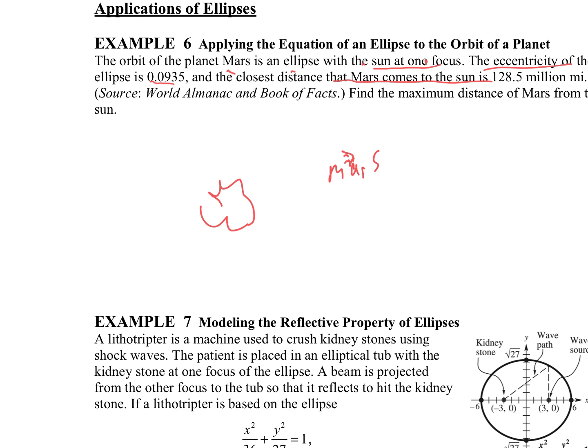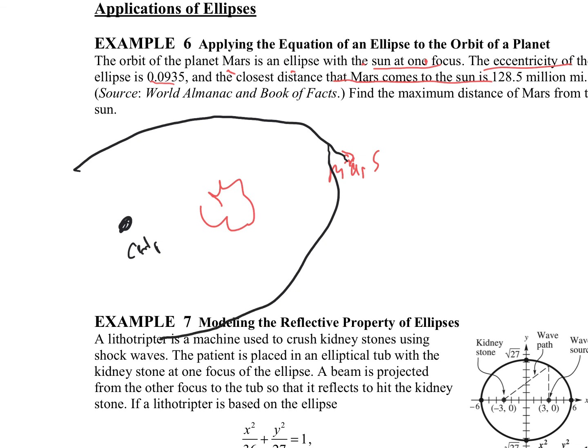So the center of its orbit must be over here. Let me change the color. Here's the center of the path that Mars is traveling. So the sun is a focal point.